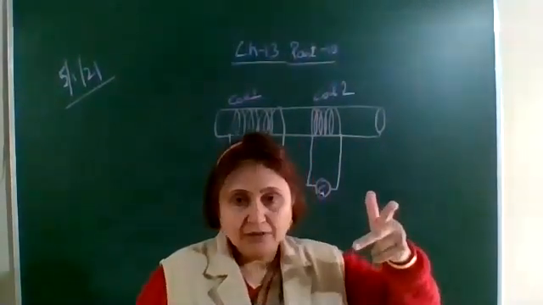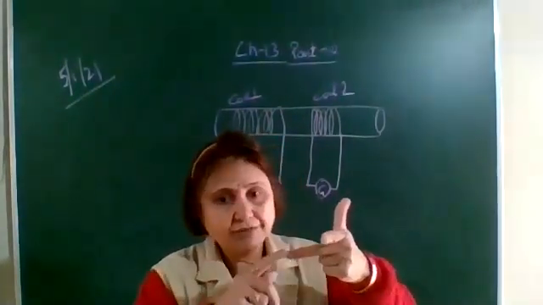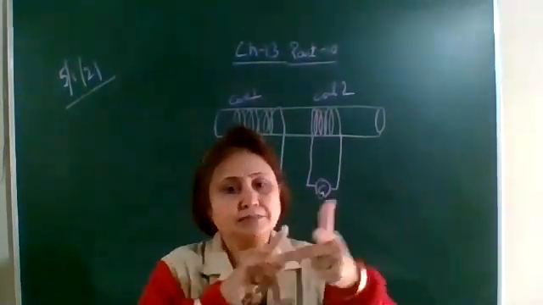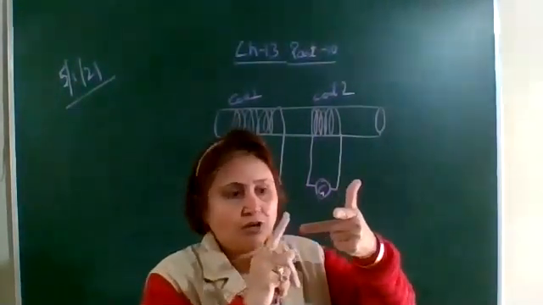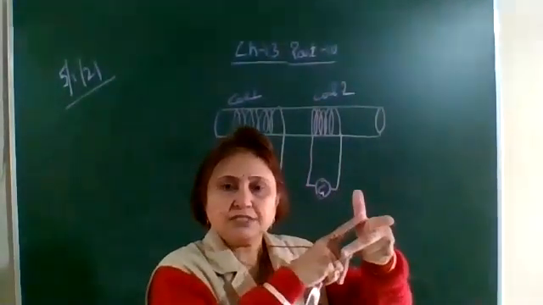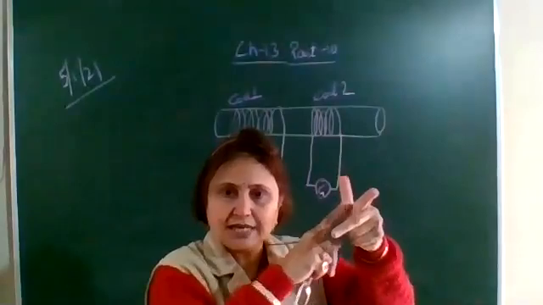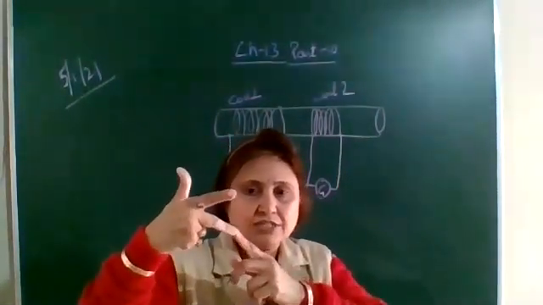Yesterday, or in the previous terms, we have studied Fleming's left hand rule, in which the magnetic field and current are given and the force is determined. A current carrying conductor placed in a magnetic field experiences a force which is given along the direction of the thumb. Now here, the direction of the induced current is determined.